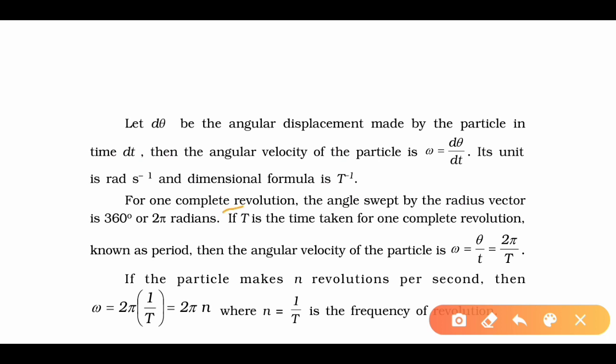For one complete revolution, the angle swept by the radius vector is 360 degrees or 2 pi radian.